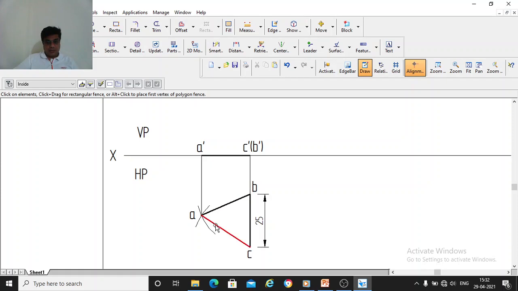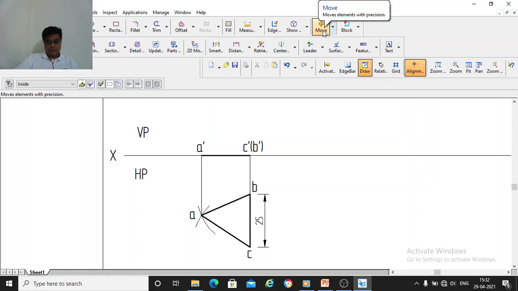Now again, since AC is not parallel to the vertical plane, when you project this AC, the length of this line AC will be reduced, it will be smaller. Measure this length with your scale or compass and draw this line at 60 degrees using a protractor. I'll use the software tools here, but you have to do it using pencil and scale.